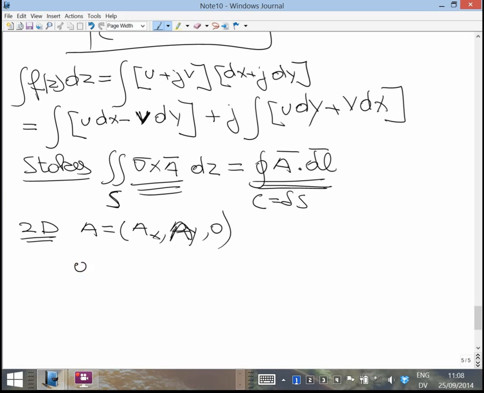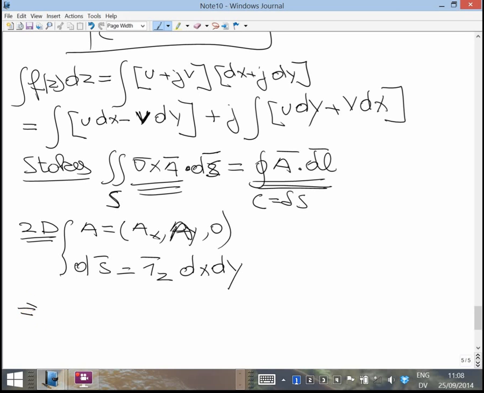And for the dS, which will then be perpendicular to the plane, so perpendicular to X and Y, that would be a vector along the Z, so 1Z, and the size of the patch is the product of dX and dY. So this is what we get from living in a two-dimensional world.